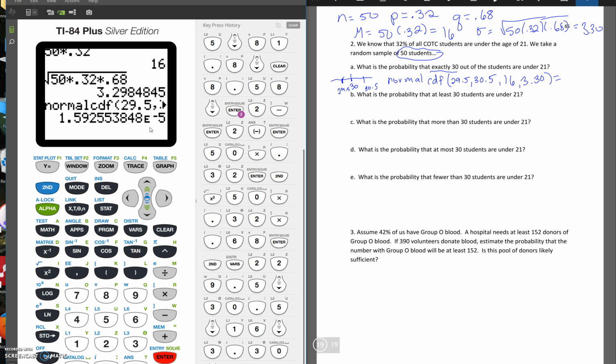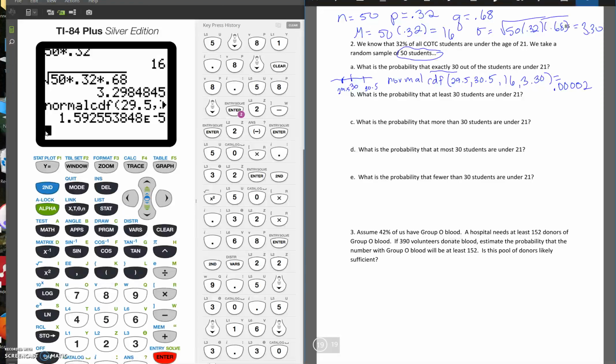Notice that we have this e to the negative 5. That means we're going to move the decimal 5 places to the left, and it's going to give us 0.00002 if we round. Okay, so really small chance that exactly 30 students are under 21.